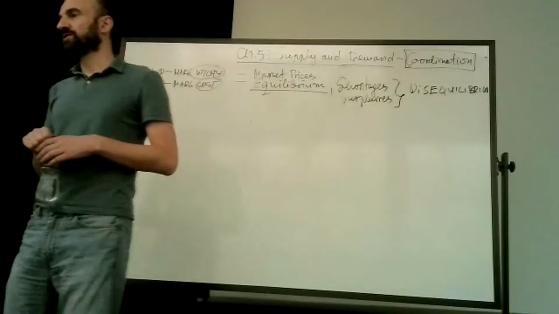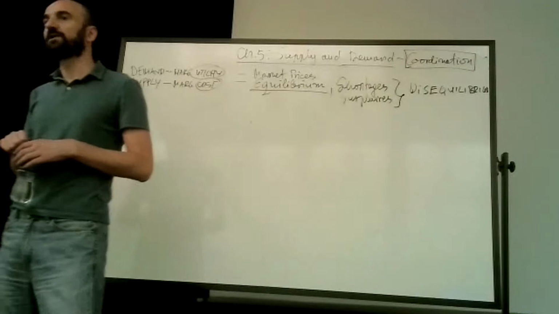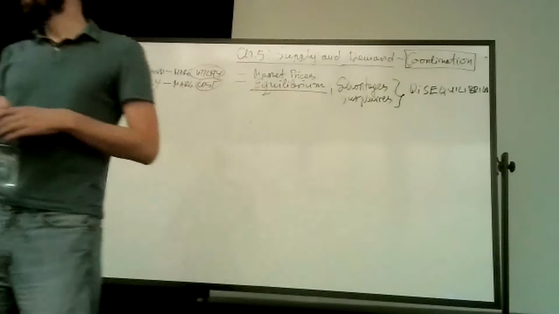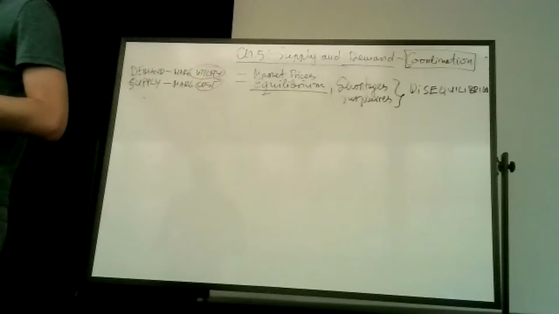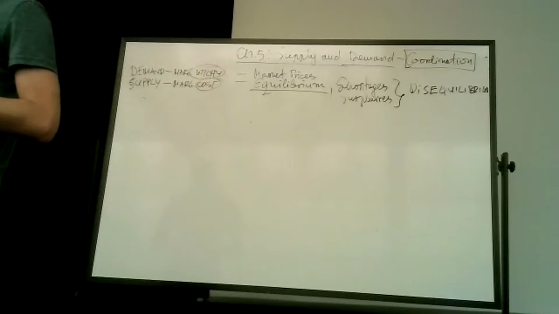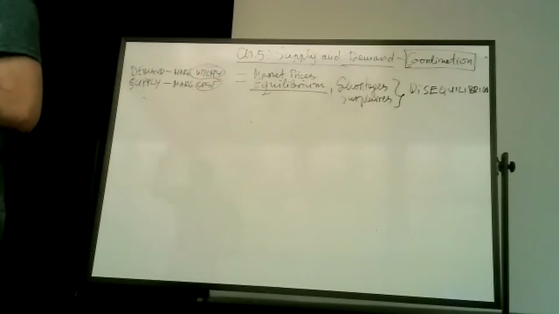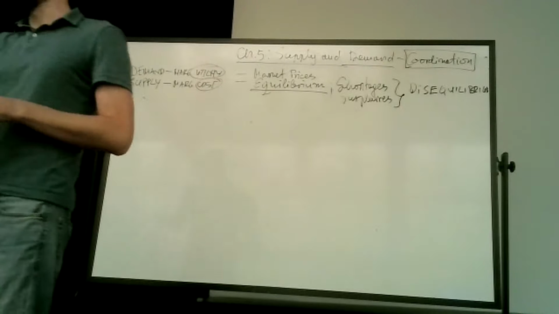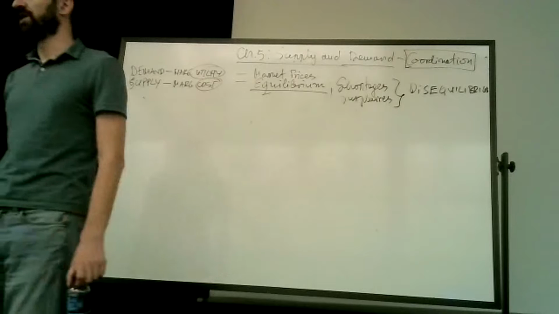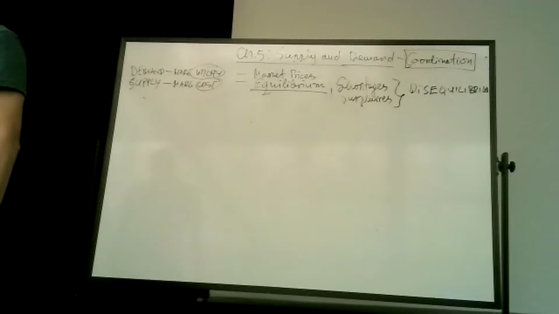In order to get the chainsaw, you need steel. In order to get steel, you need iron ore. In order to dig out iron ore, you need very sophisticated and complicated machinery and equipment that has to be built up front many years in advance in order to dig out any quantity of iron ore. You need blast furnaces. Do you know how complicated the technology of blast furnaces is to melt iron ore to make iron?